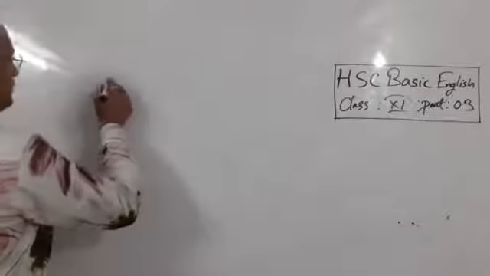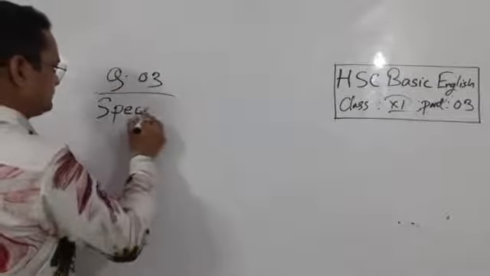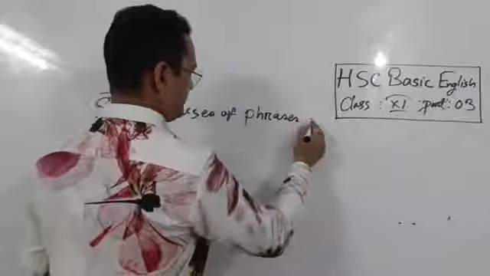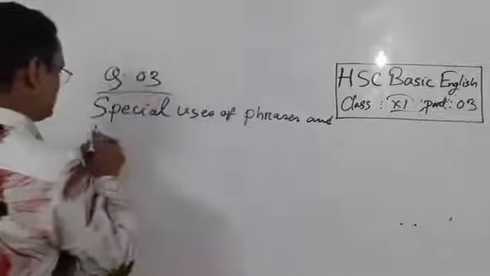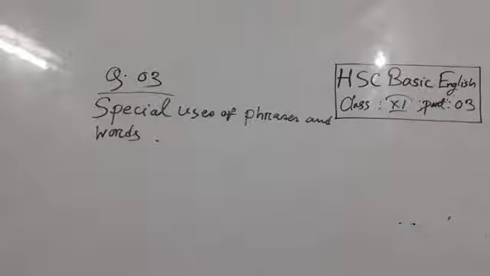After preposition, and this preposition is your question number 2 in your second paper syllabus, you have a question on special uses of phrases and words. It's question number 3, special uses of phrases and words.